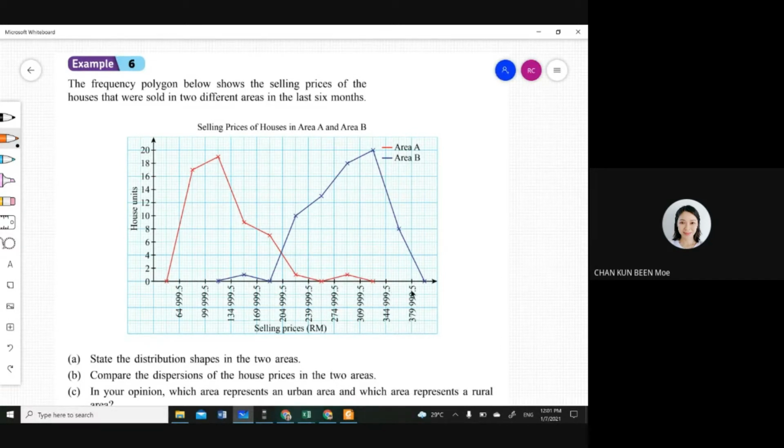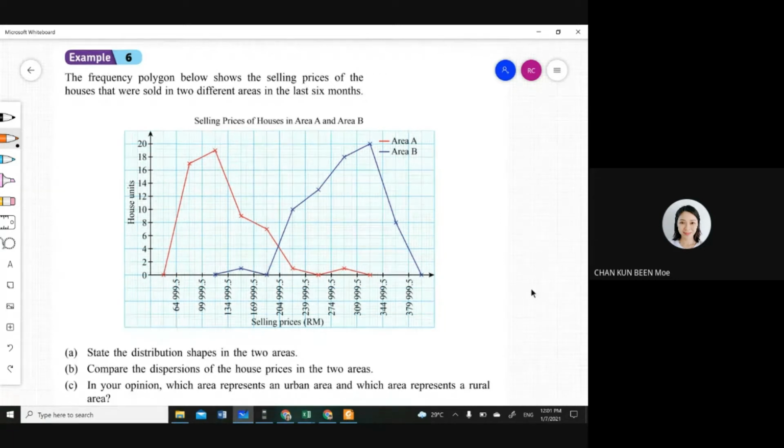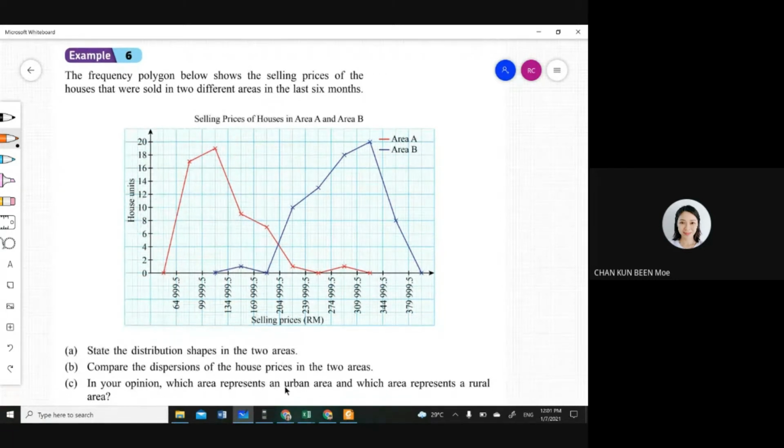Okay, C. In your opinion, which area represents an urban area and which area is a rural area? Which one is urban area? Can you see? If you look at the price, of course, the higher cost of the house will be the urban area, right? So area A or area B is the urban area?